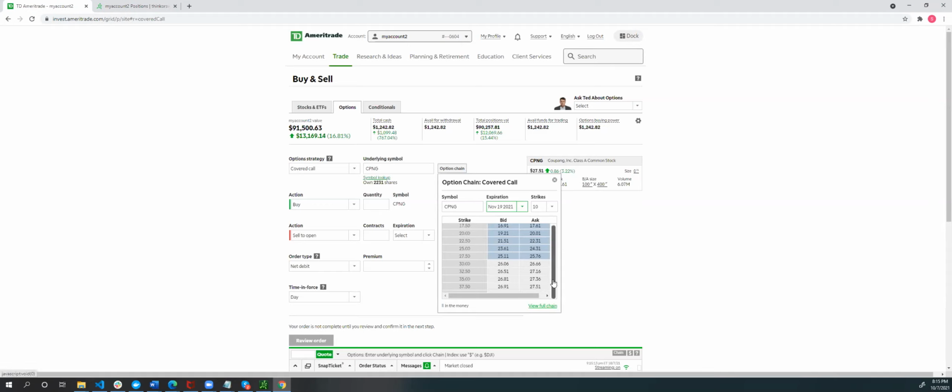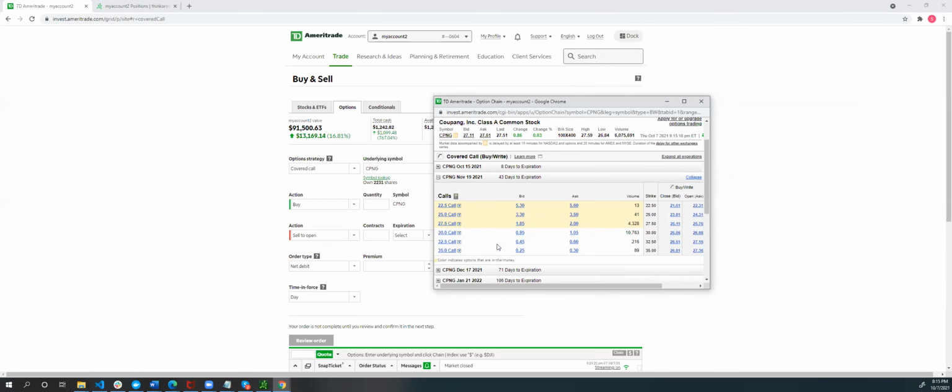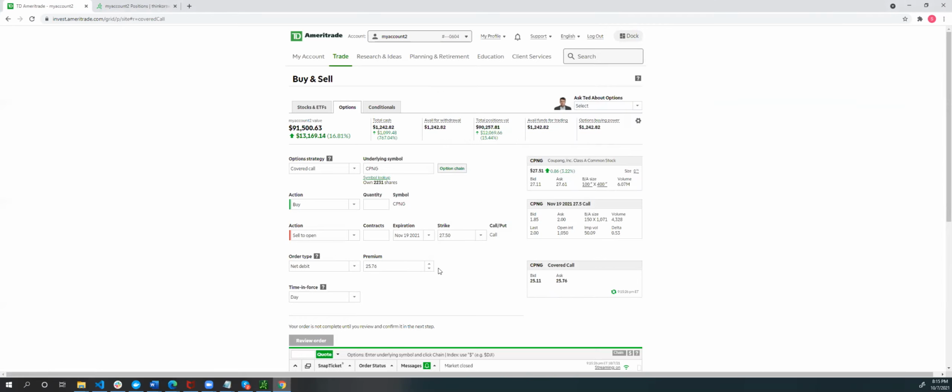Something is wrong here. You can just go and select this again, and it fills all the information here. Then you can see how much quantity you want to buy or sell. We actually selected the ask price. So you can enter one here and you can say sell to open.